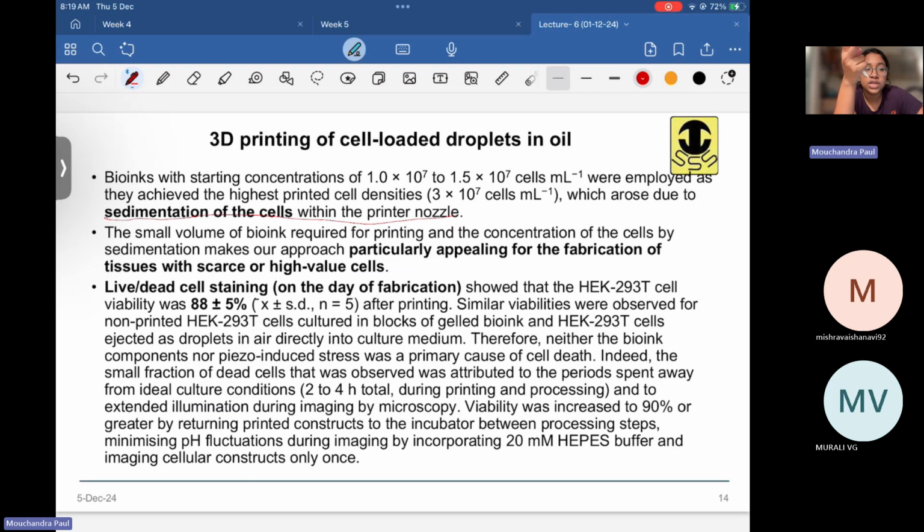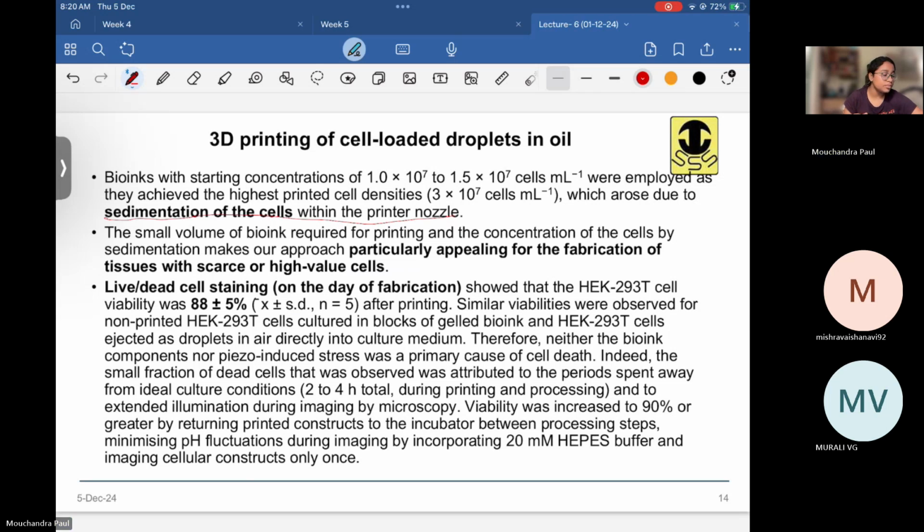So these are the two control experiments that they did to compare their method. And what they're saying is that the control methods also have the same cell viability as their method. So neither the bioink that they're using, nor the piezoelectric stress is causing any cell death.